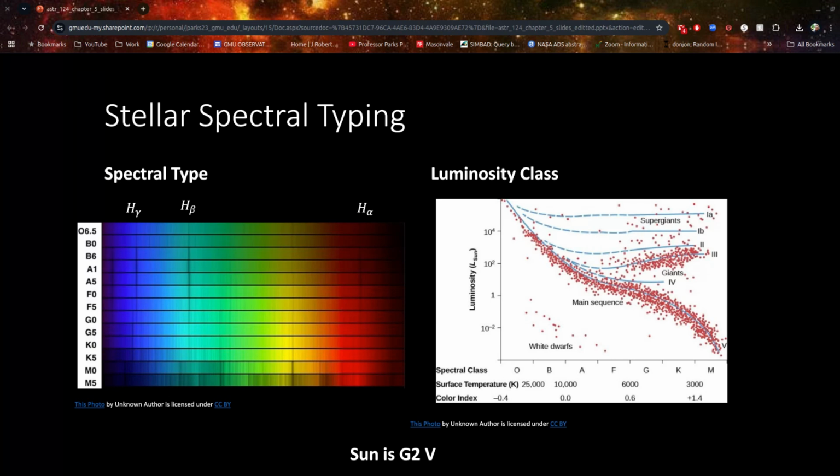They're burning hydrogen in their cores, and that is given the designation of Roman numeral 5, or V. As you get to more evolved stages, where the star becomes bigger and more luminous, transitioning from burning hydrogen to burning helium in its core to carbon, and so forth, luminosities go up.